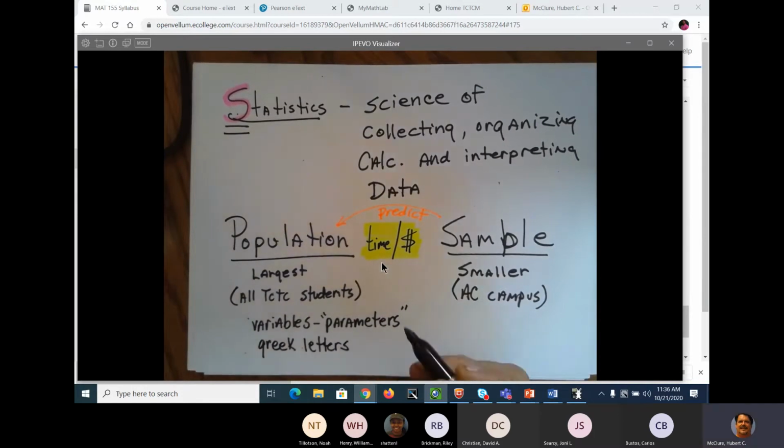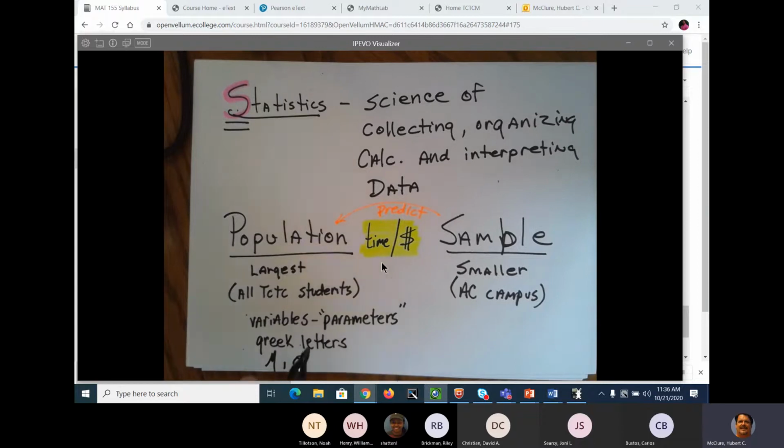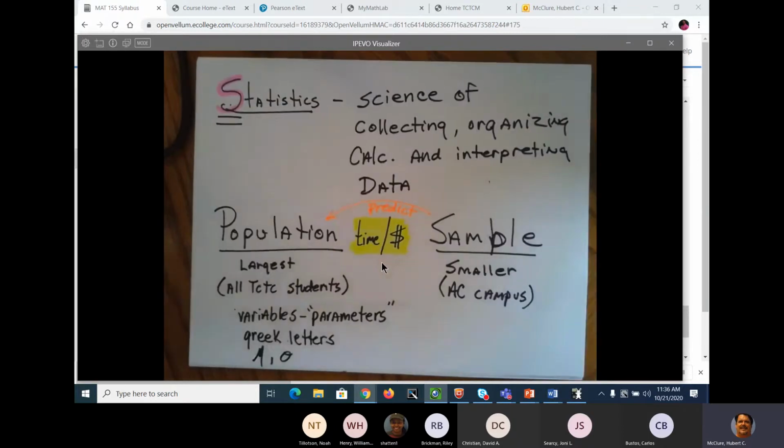Mu and sigma are two letters that are used for the mean and the standard deviation. So when you see that mu or you see that sigma, sigma looks like an O with a pompadour on top, okay? Then that means we're dealing with the population.